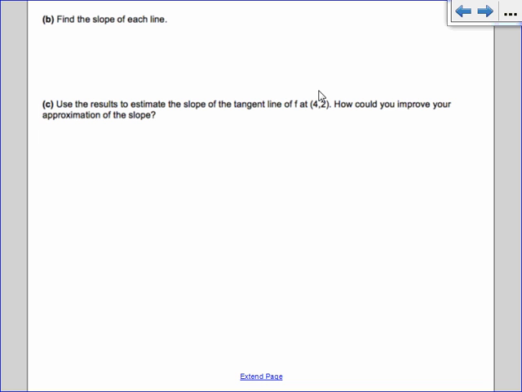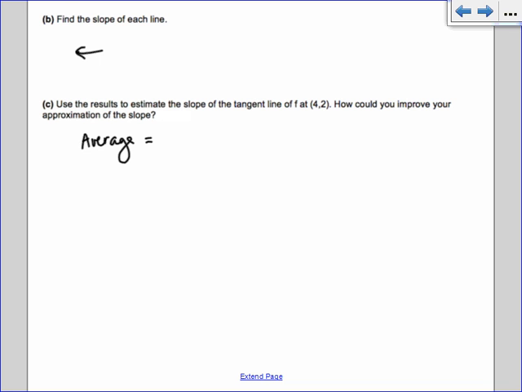I guess it's part B. I found the slope of each line. That's on the other page. All right, so it says use the results to estimate the slope at (4, 2). So how could we improve it? We could add those two things together and find the average. So our average would be the first number plus the second number and divide by 2.